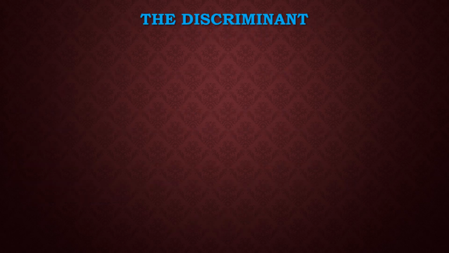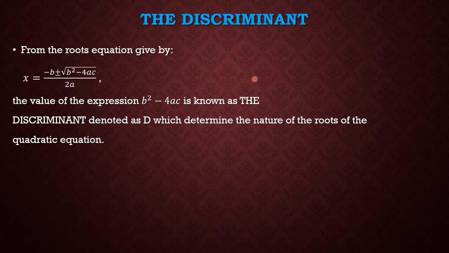Here we need to use the quadratic formula to understand the concept called the discriminant. Now, from the root equation given by x equal to minus b plus or minus the square root of b squared minus 4ac divided by 2a, the value of the expression b squared minus 4ac is known as the discriminant.